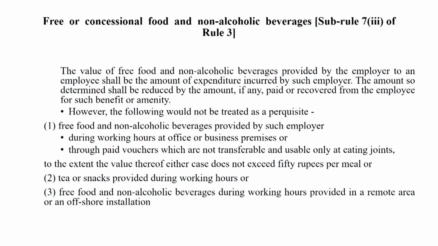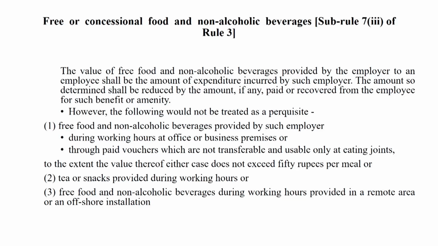तो वैल्यू ऑफ सच टाइप्स ऑफ फैसिलिटी विल बी ट्रीटेड ऑन द बेसिस ऑफ सच टाइप्स ऑफ रूल. द वैल्यू ऑफ फ्री फूड एंड नॉन अल्कोहलिक बेवरेज प्रोवाइडेड बाय द एम्प्लॉयर टू इट्स एम्प्लॉय शैल बी द अमाउंट ऑफ एक्सपेंडिचर इनकर्ड बाय सच एम्प्लॉयर. जितना एम्प्लॉयर खर्च करेगा ना यार वही परचेज की वैल्यू होगा. कुल मिलाकर ये समझो ना. जी सर.